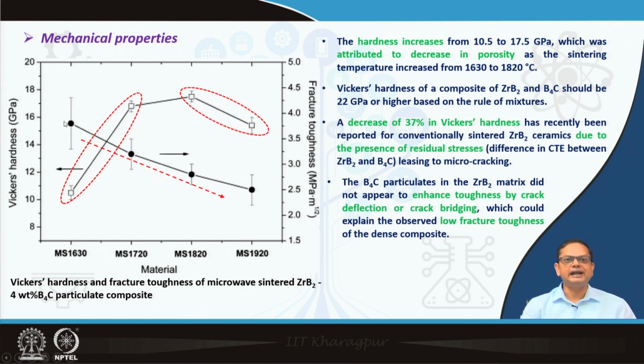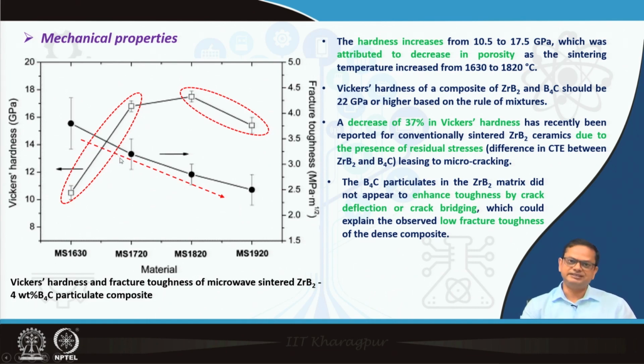Now, if we look at the fracture toughness data, we see that even though there is increase in sintering temperature, which is leading to increase in densification, fracture toughness is not increasing, but actually it is decreasing. Okay.